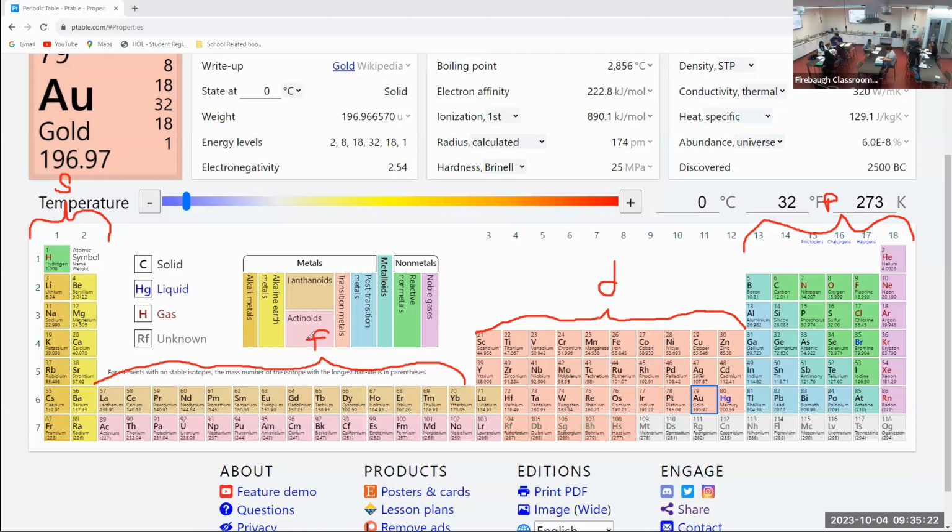So let's say that we're working with phosphorus, right? Now the way that we would do the electron configuration, check this out. We would start at period 1.